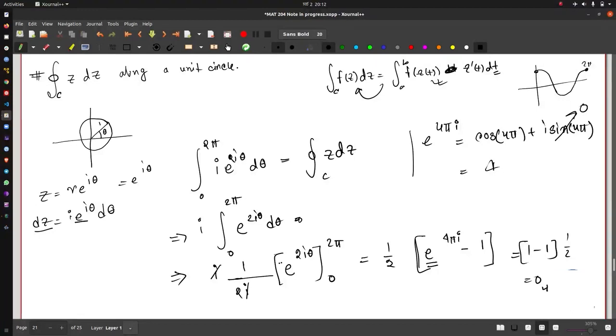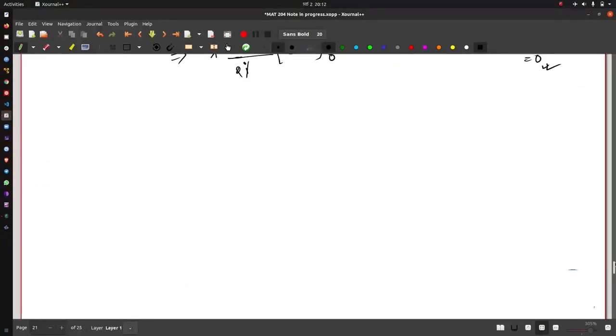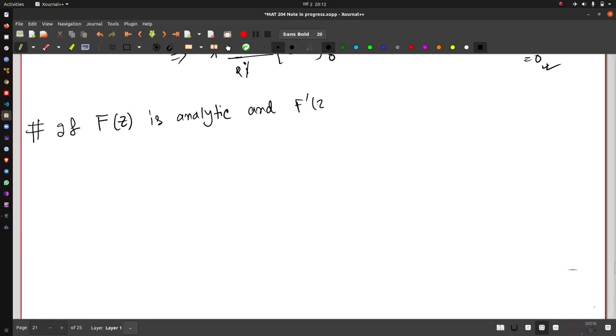So this is one way to do it. And from here, you can actually see something quite interesting, is that if your function, let's say you have a function capital F of z, is analytic, and you can write capital F prime of z, which is a derivative with respect to z.